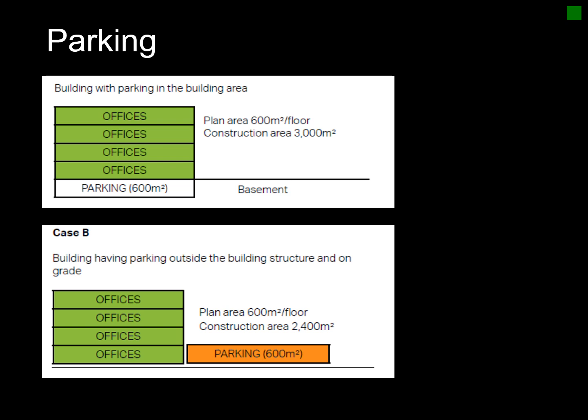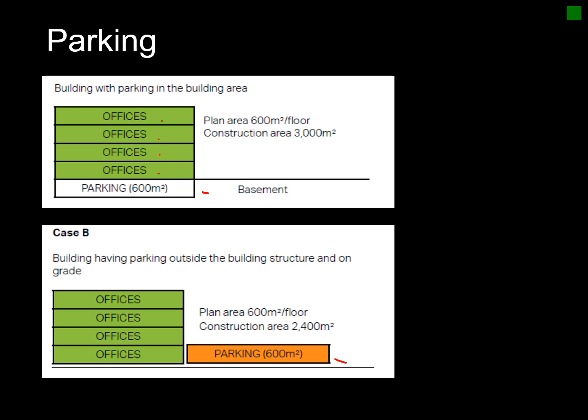Okay, then we get to our next section, parking, and the considerations of that. So this is something that you need to look at as well. We've got two scenarios. We've got one building with a basement, and then we've got another building with external parking. The floor area is exactly the same for your offices.